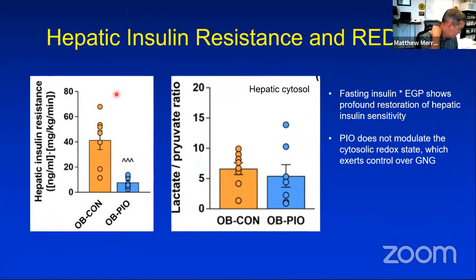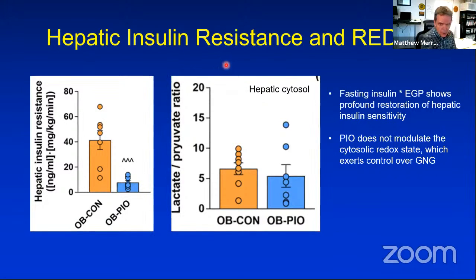Now, of course, if you turn around and ask about insulin resistance, it's the converse. So we make this measurement just by multiplying fasting insulin times the endogenous glucose production. So we see that our insulin sensitivity is really activated. I mean, this is the type of change that you would want to see.